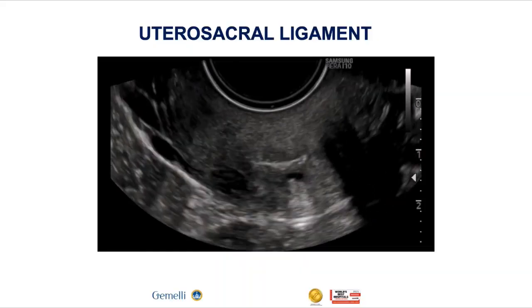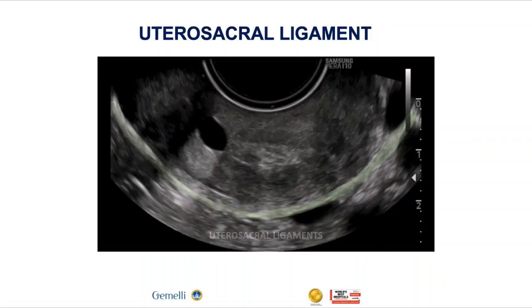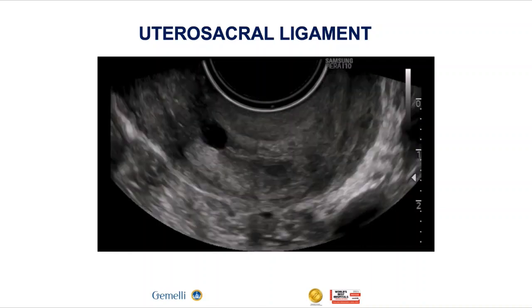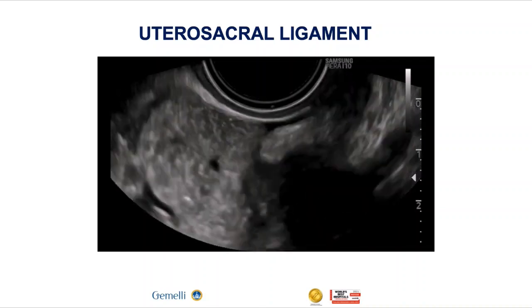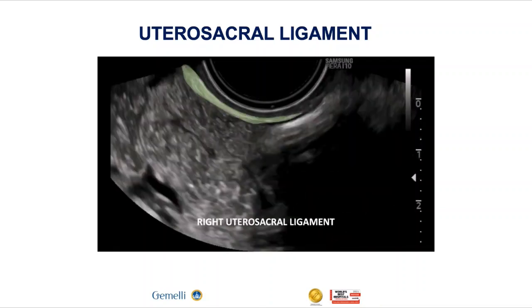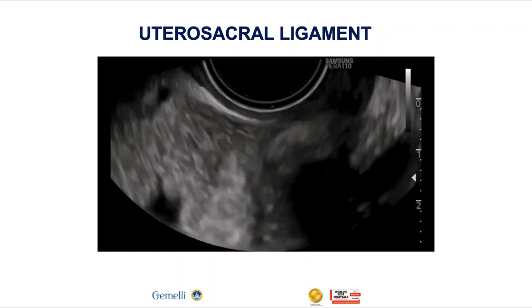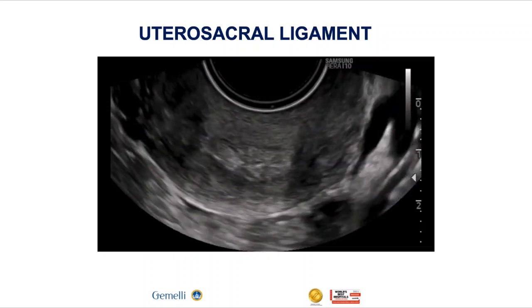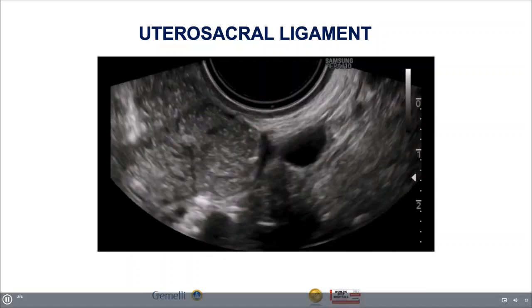Finally, we can rotate the probe 90 degrees, and by moving the probe craniocaudally, we can assess these structures surrounding the cervix in a transversal plane. Then we can insert the probe until the posterior vaginal fornix in order to assess all the uterosacral ligaments, right and left.